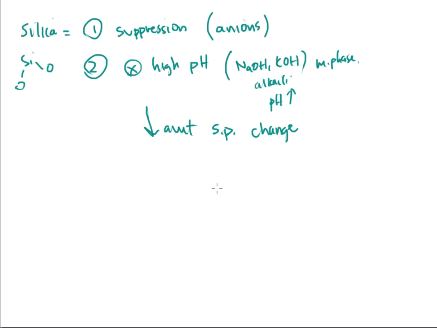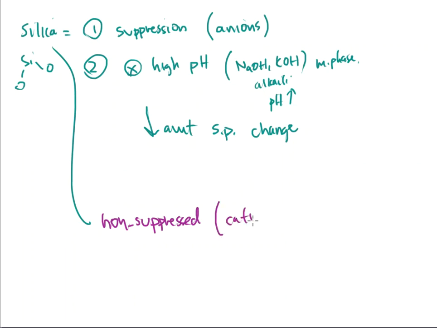How awful is that? So silica, as you can gather, is really only used, if you're going to use it, for non-suppressed methods, which are typically cations. Cations, though, analyze much better on other pieces of equipment.